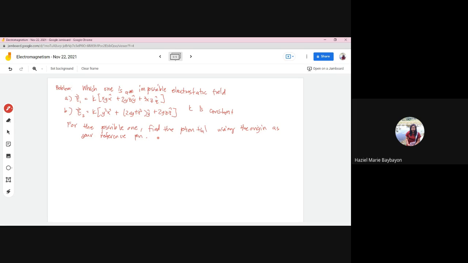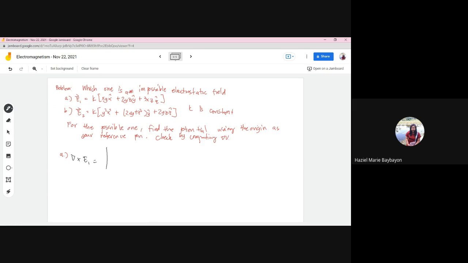And afterwards, check by computing the gradient of V. Okay, so first we have to know which of these two is the possible electrostatic field. So for E sub 1, to identify, we just have to get the curl of E and check if it is equal to 0.